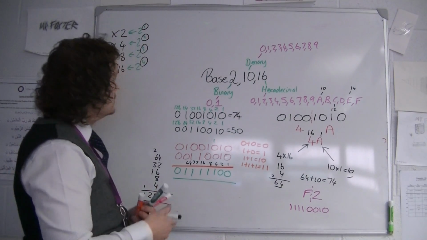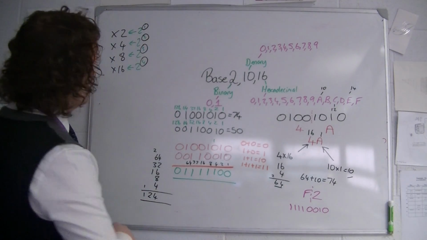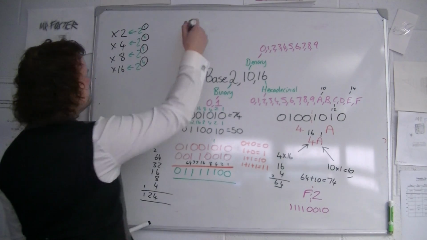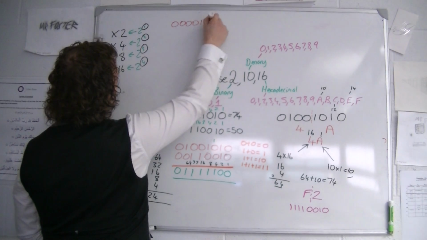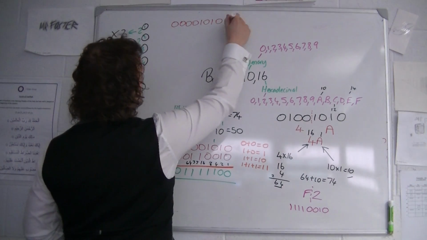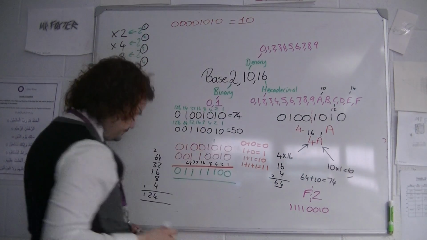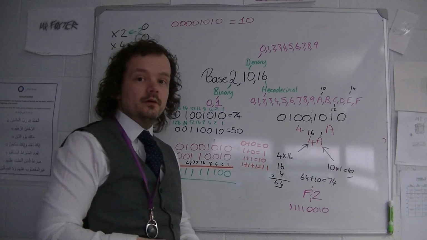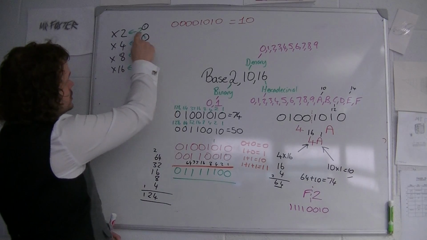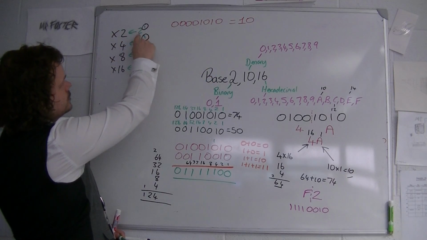So if we start off with a simple number so that we can check that this works, let's do the number 10. We know that the number 10 looks like this, and that equals 10. Now, if I want to multiply that by 2 and get 20, I need to do a logical shift. To multiply by 2, I need to do 2 to the power of 1.